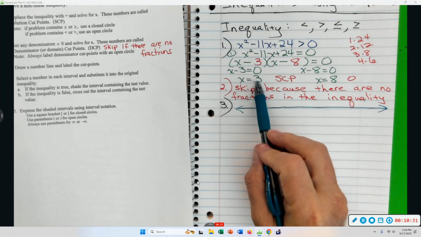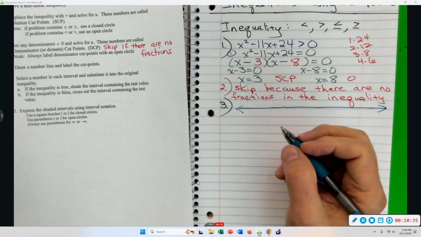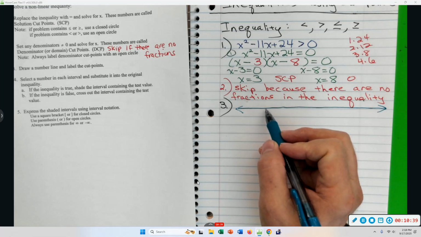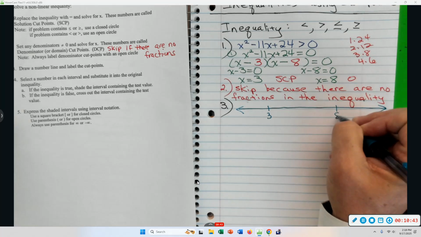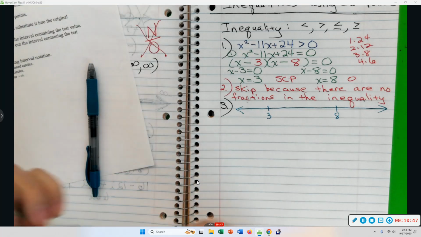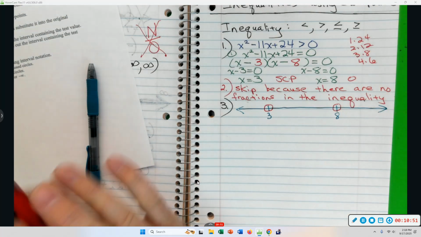We have 2 cut points, 3 and 8. Remember, they have to go small to big. Don't put the 8 over here on the left. You put the small one and then the larger one. Don't label any other numbers. Only the cut points. Open circles.